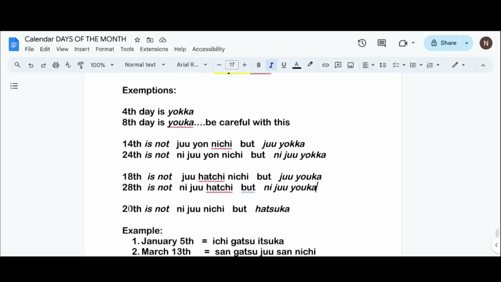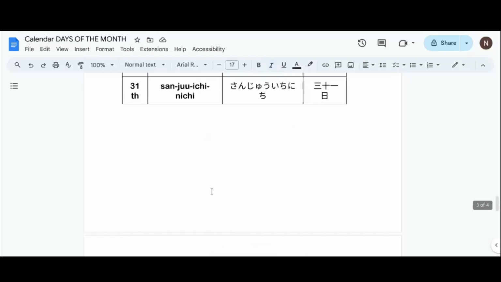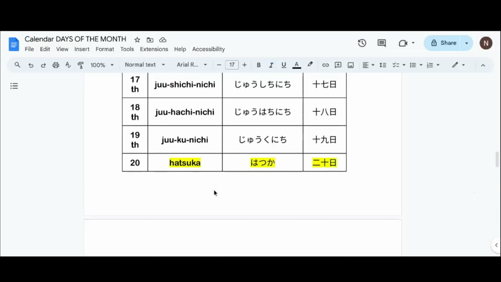And then for the 20th, I highlighted this. It is not nijuu nichi for the 20th, but we call this hatsuka. Remember, somebody asked about age, why they do not use nijusai.